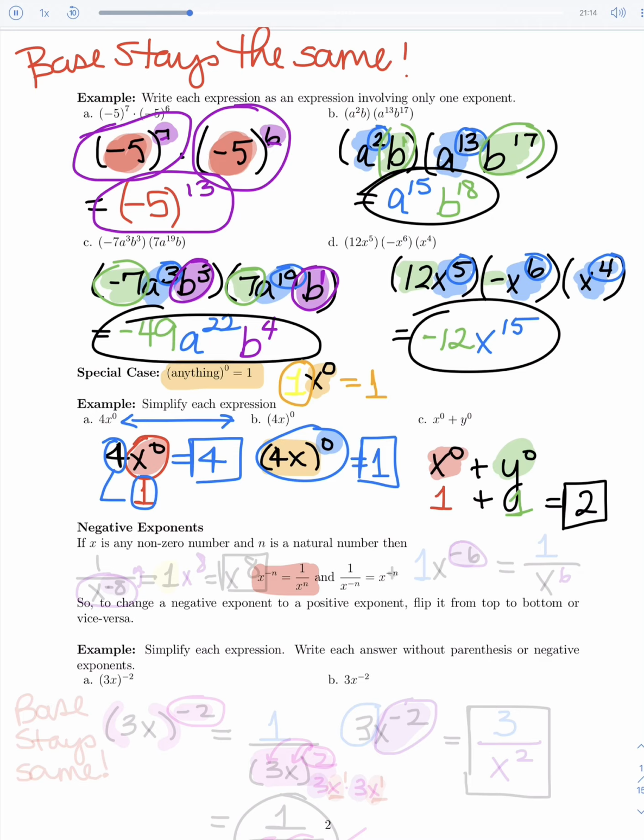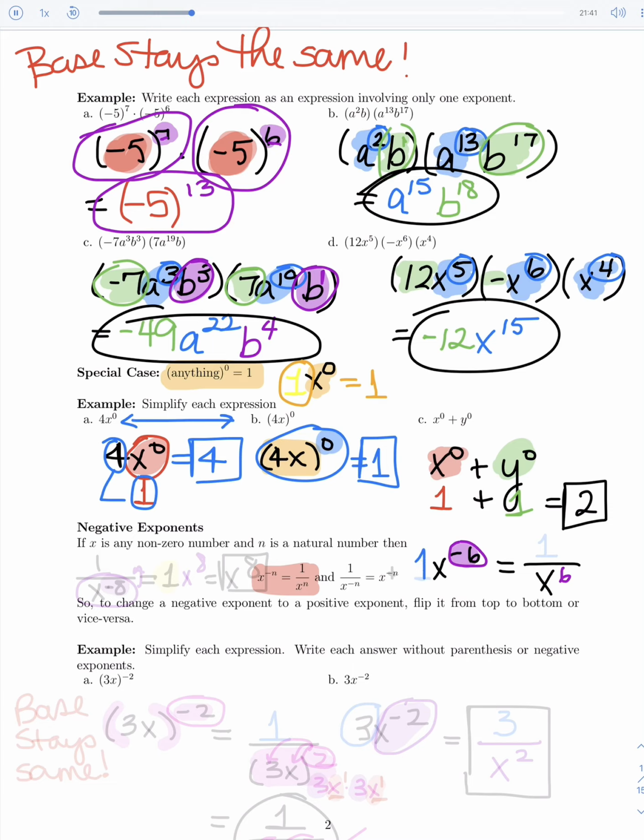So if I have x to the negative 6, I'm just making this up, then to make that exponent turn from a negative 6 into a positive 6, it will have to drop down to the denominator of a fraction, and that's what will make this negative turn into a positive 6.